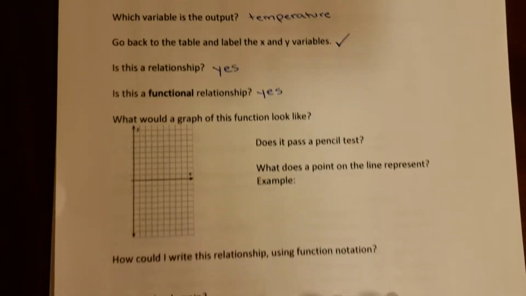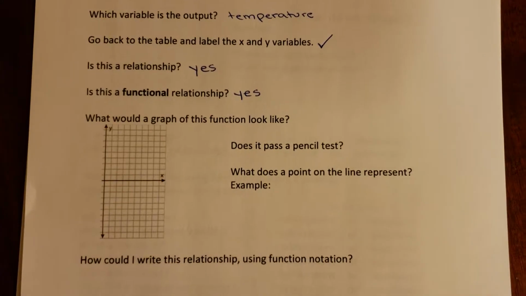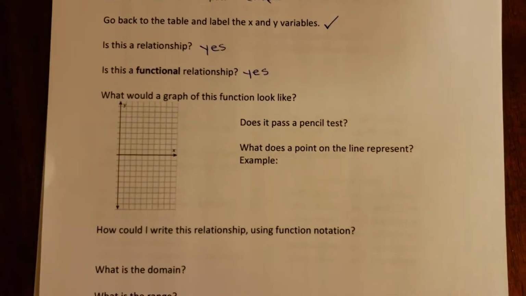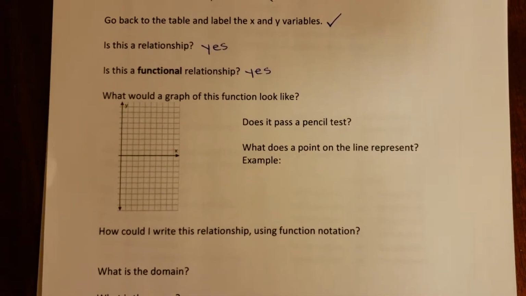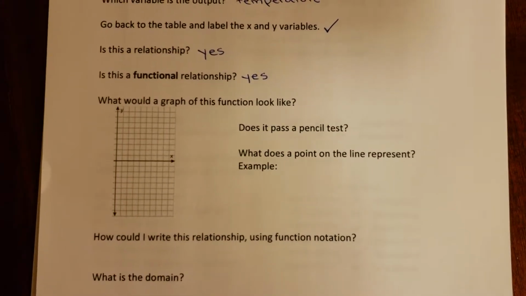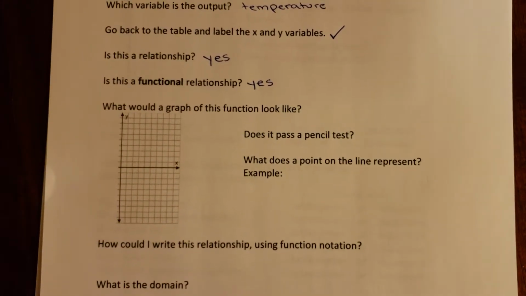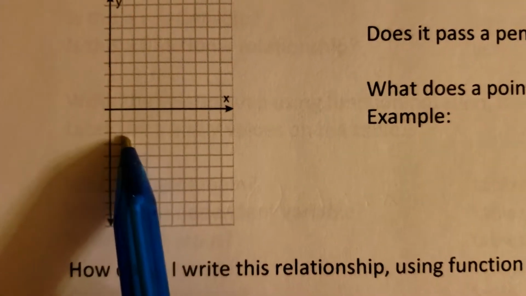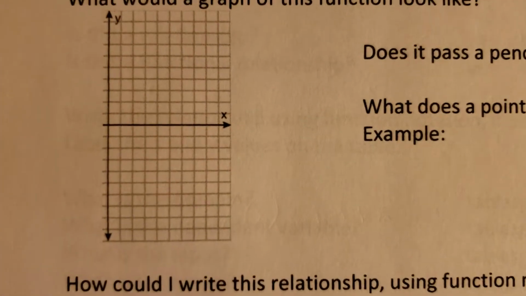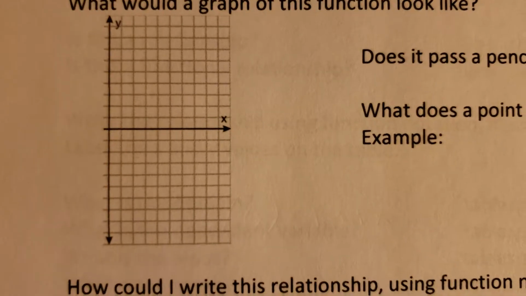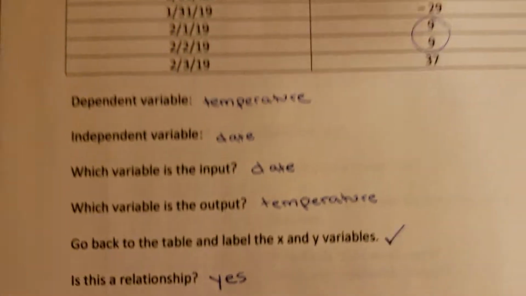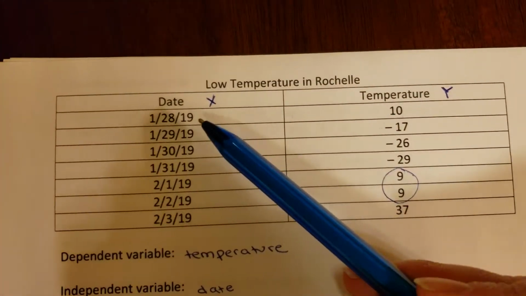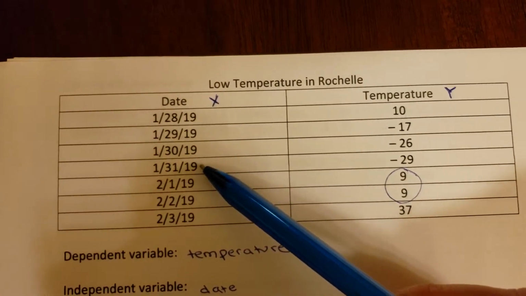Okay, so let's see what this would look like on a graph. Is every graph going to be pretty? Heck no. And do you have to kind of blaze your own trail and make your own rules to make it make sense? You sure do. So here you'll see on the x-axis a bunch of blocks. Well, how do you label a date on there? In my mind, it would make sense for this to be day 1, day 2, day 3, day 4, and so forth.